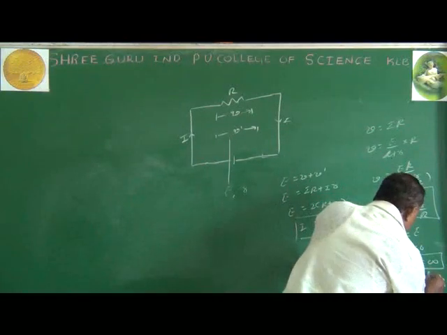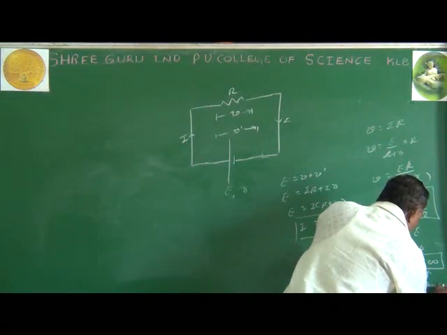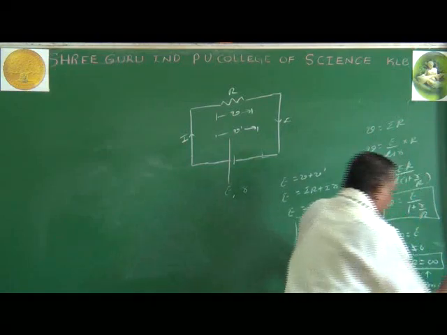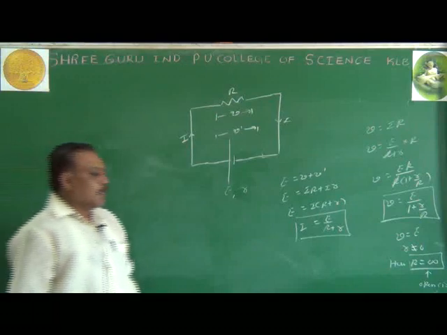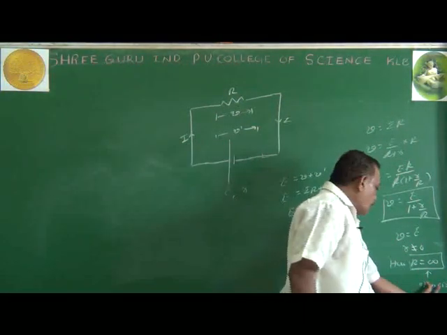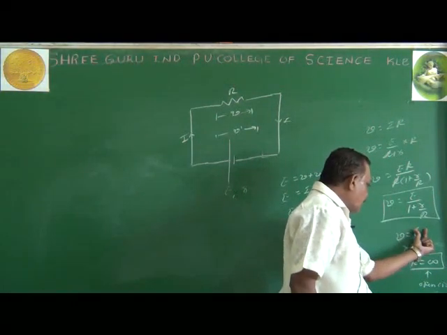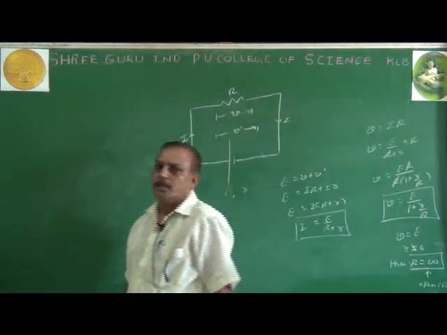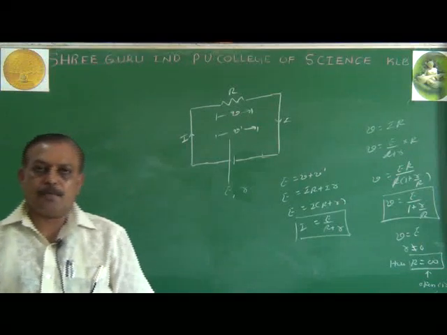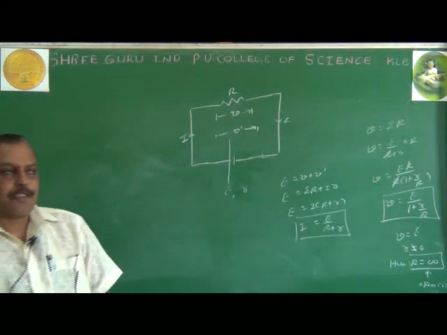R equals infinity for which circuit? Open circuit. The open circuit voltage is known as EMF. When the circuit is open, current is 0. I equals V by R; any number divided by infinity is 0. We get 0 current.